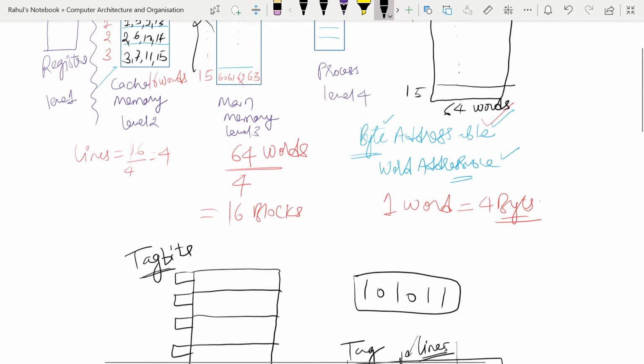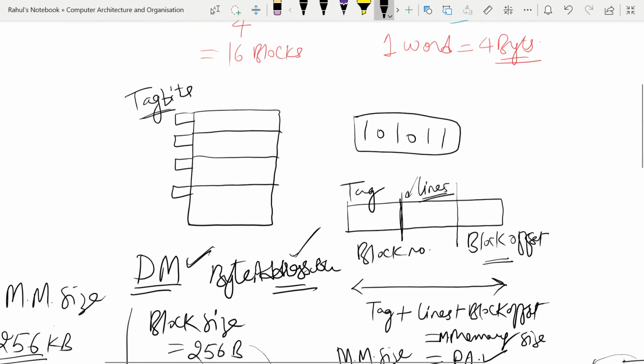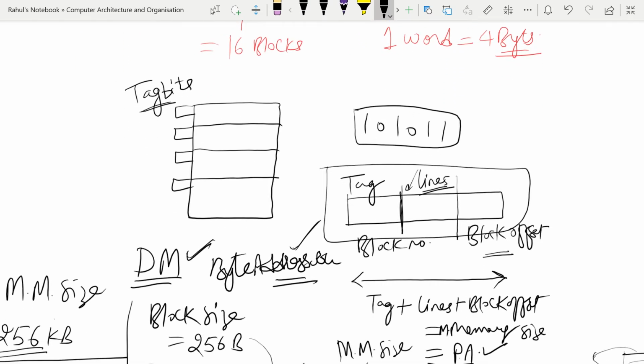And in direct mapping, this bit field is used, which consists of block number and block offset. Block offset represents the position within the cache line, and block number further consists of the tag bits and line numbers. And by adding tag field, lines and block offset, we can get the total main memory size, or you can say the physical addressing bits.